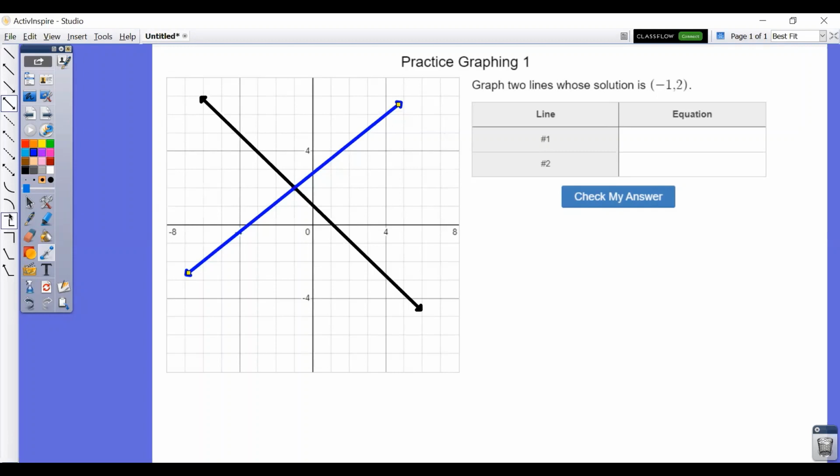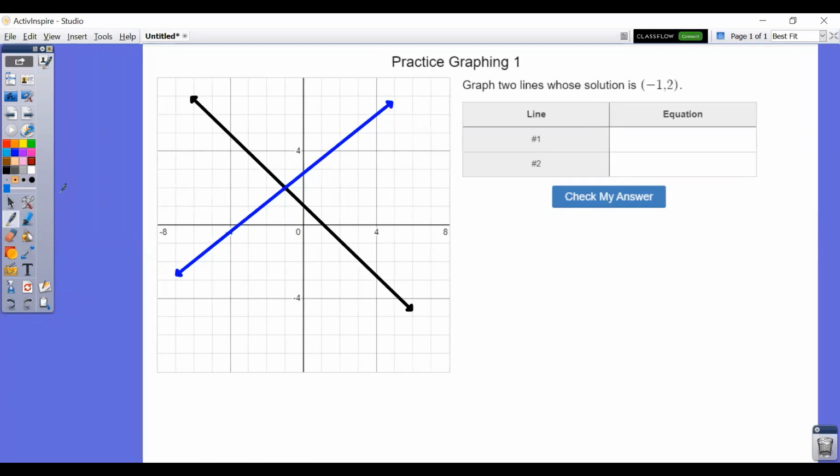Okay, next what I want to do is graph points. So I'm going to create two tables. One of them is going to be (-1, 2), which is the one on your intersecting lines, right?